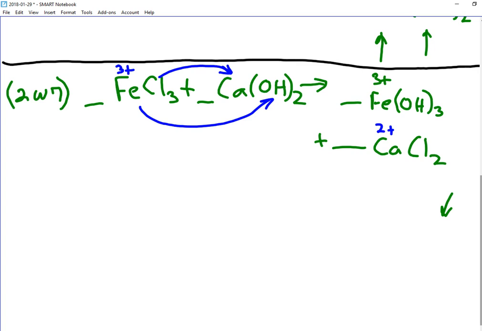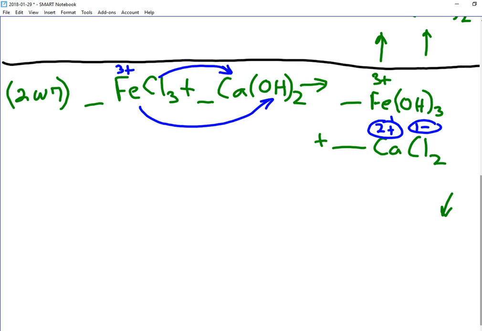And calcium started out at 2 plus, and chlorine came in at 1 minus. And now you know what to do, don't you? You crisscross the charges. So this 1 minus is the calcium subscript, and the 2 plus is the chlorine subscript. Yeah, crisscross. That's all you needed to see, wasn't it?